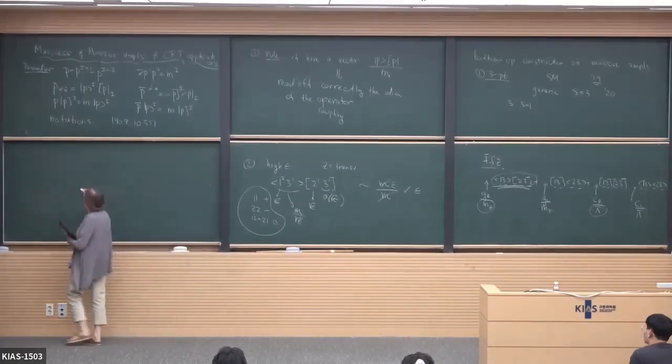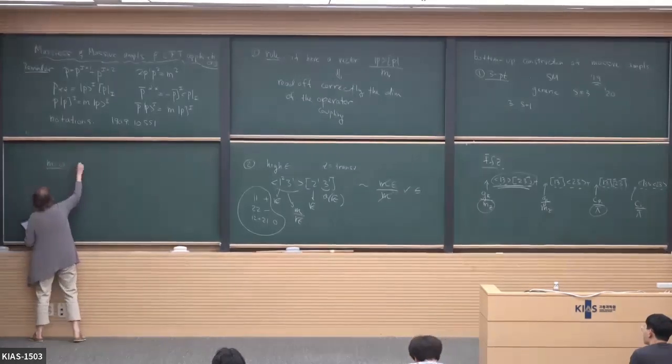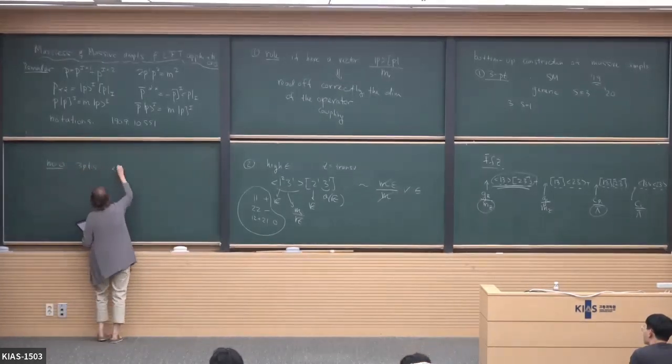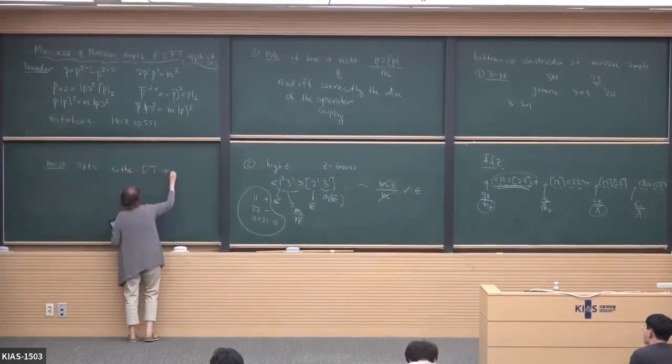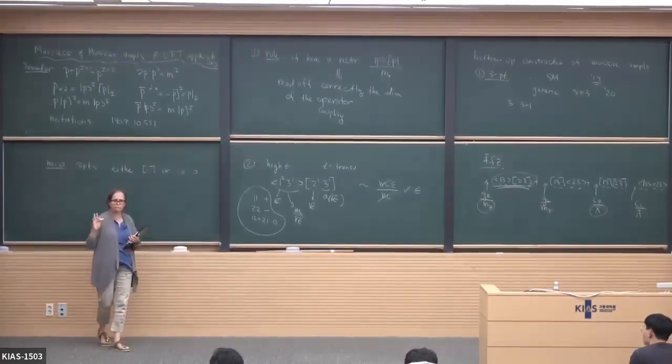Which is that, remember, in the massless kinematics, massless 3 points, we have either squares or angles. We don't have both of them.